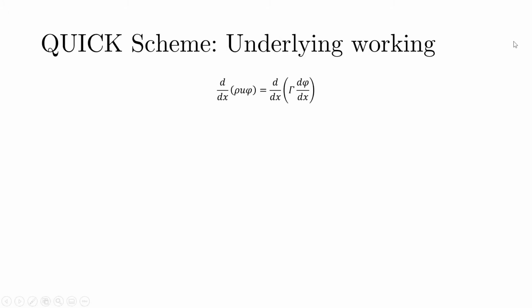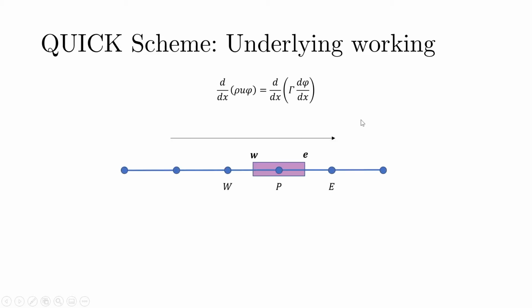So first let us understand the underlying working of the QUICK scheme from a one-dimensional convection diffusion perspective. So we have our governing equation here, we have the convection term on the left, we have our diffusion term on the right. If you recall, we were considering a mesh something like this. We had west, our point of interest P, and an east node point, and we had a finite volume around it, and following that we had a west face and an east face.